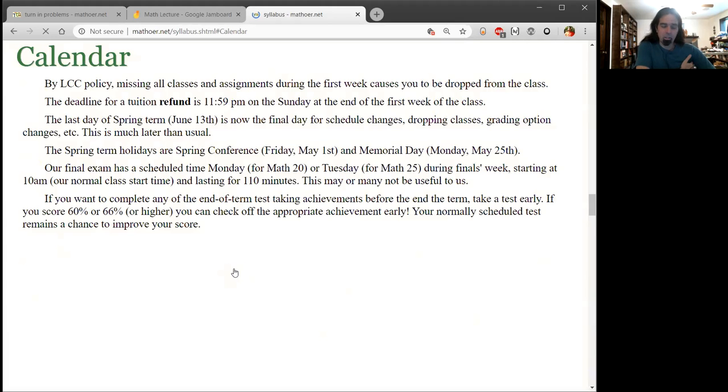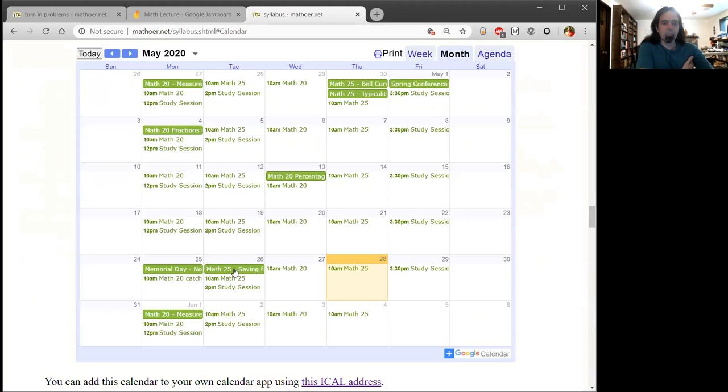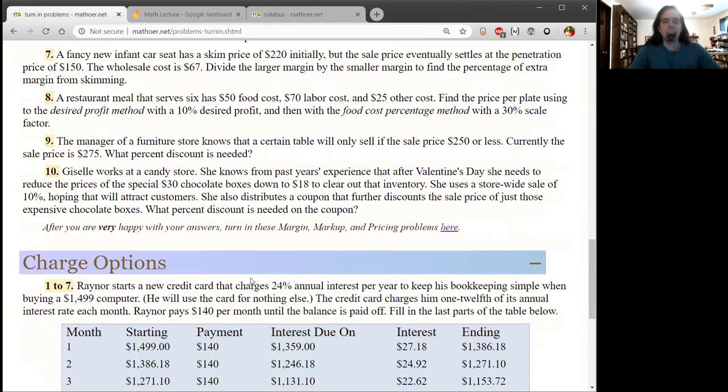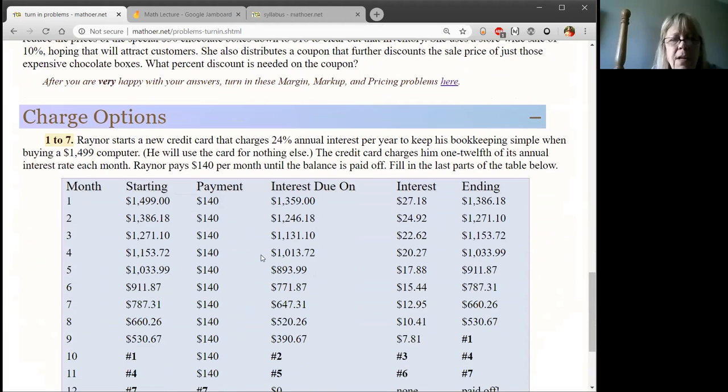So saving for retirement has had a due date, but nothing in this business finance has a due date yet, nor will it, since we just had a question on the margin markup and pricing. So are we open for questions in the charge option? Sure.